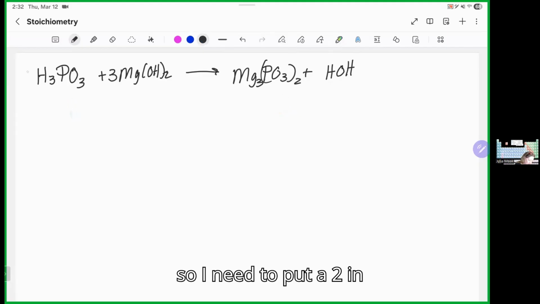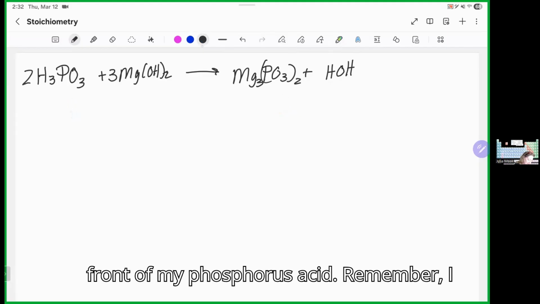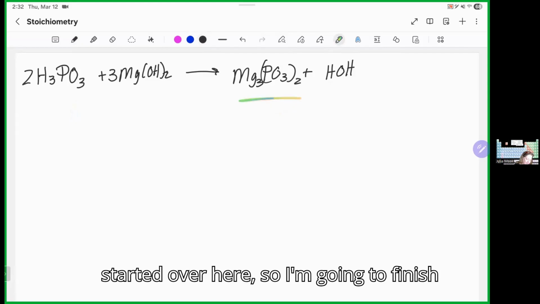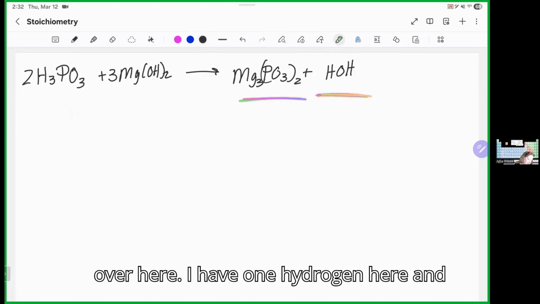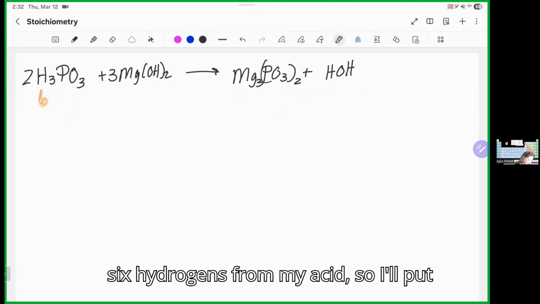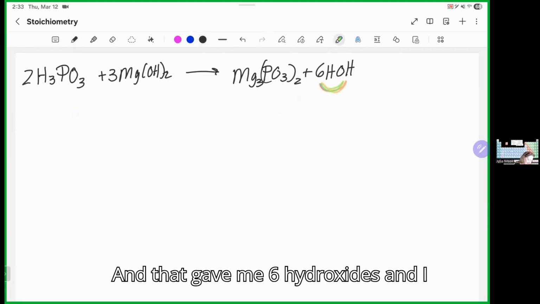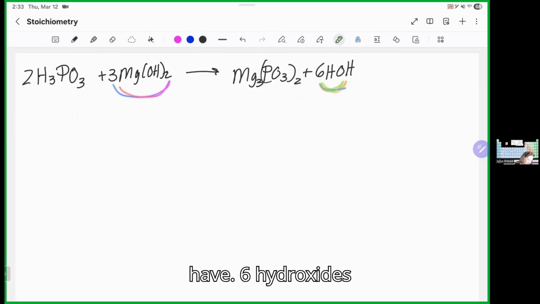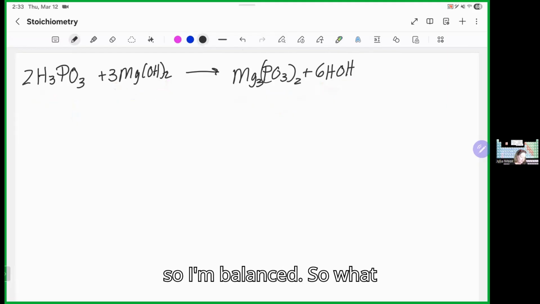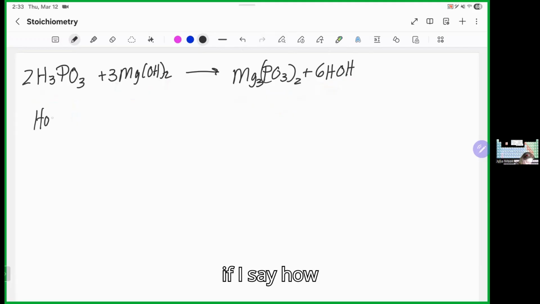So I need to put a 2 in front of my phosphorus acid. Remember, I started over here, so I'm going to finish over here. I have 1 hydrogen here and 6 hydrogens from my acid. So I'll put a 6 in front of water, and that gave me 6 hydroxides, and I have 6 hydroxides. So I'm balanced.